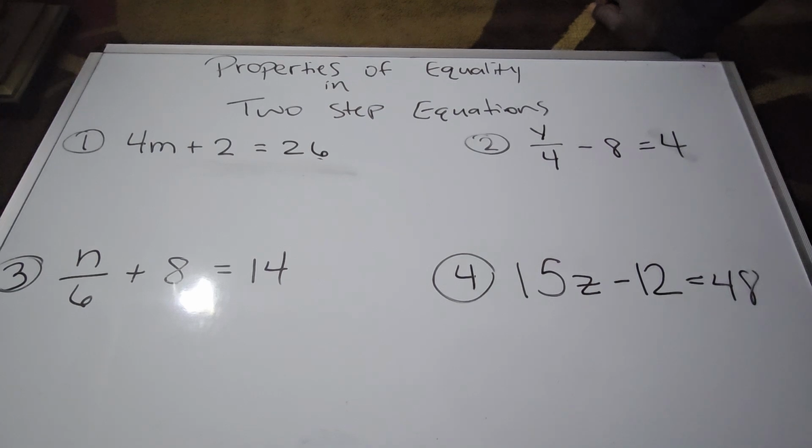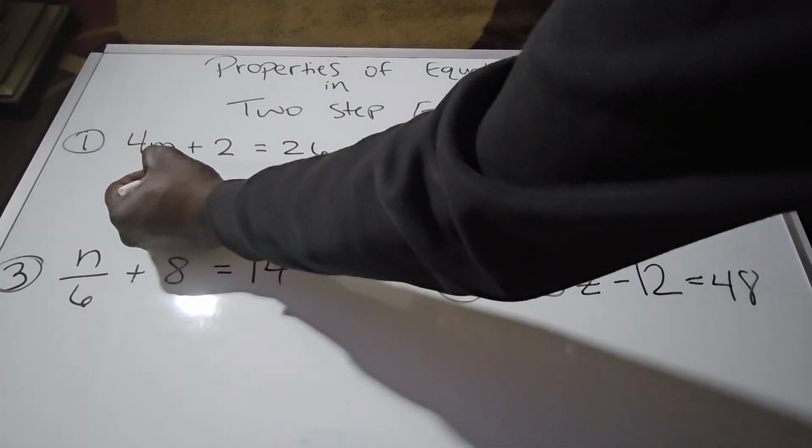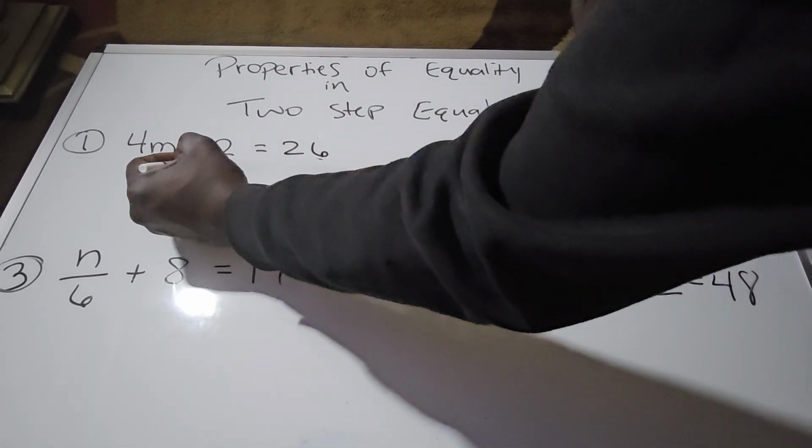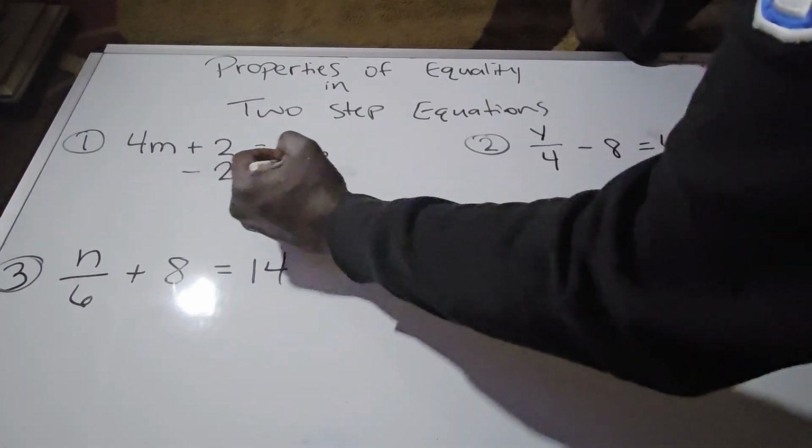So on number 1, we have 4m plus 2 equals 26. Since it starts off with addition, we have to do the opposite operation to get 4m all by itself. So we're going to subtract 2 on both sides.